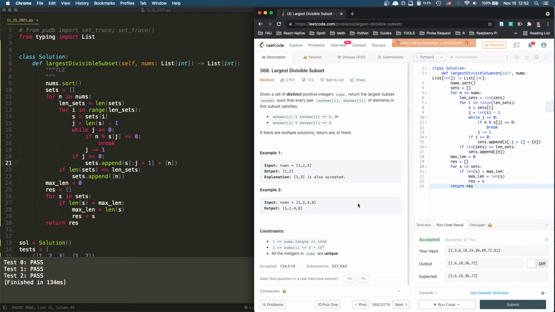Now the second level is within each, right? Let's say within factor of 2, I'll do the same thing. But now I'll check for factor 3, right? Within them, I'll check for factor 3.